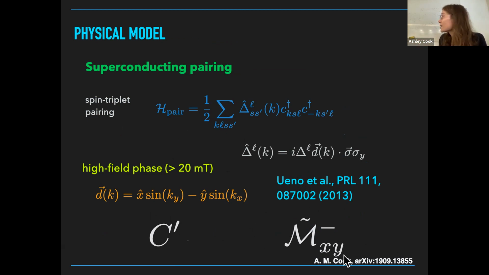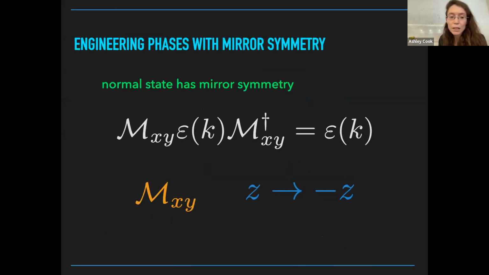And it also has, for the Bogoliubov-de Gennes Hamiltonian, a mirror invariance under the mirror operation tilde mxy minus, which I'll tell you what that is.